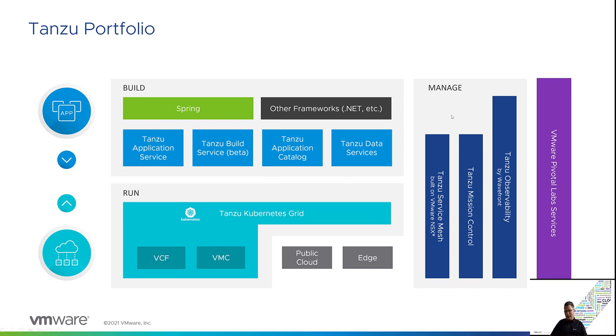As a second product, we have Tanzu Mission Control. Tanzu Mission Control is very often used in combination with Service Mesh. Tanzu Mission Control is a policy engine that can be used to control and enforce policies on multiple Kubernetes clusters.